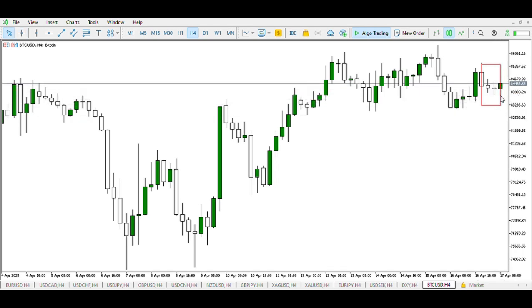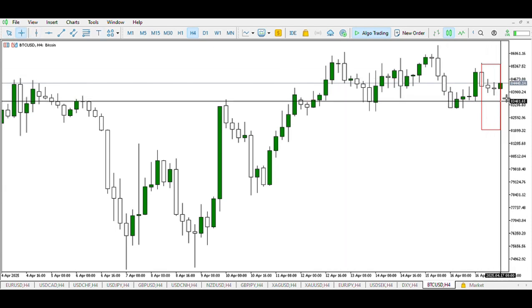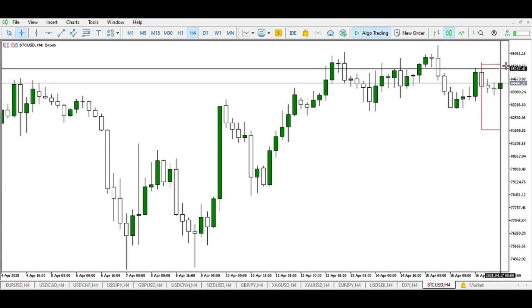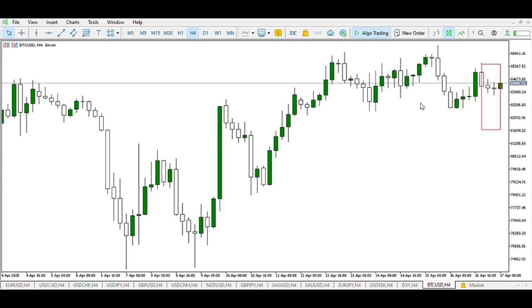Let me clean this box to see if it is occurring. This is not occurring. So if that should occur, they need to induce sellers to take more position, deceiving them, then pushing price up, breaking the structure up. Then we can confirm that the BTC would buy further up.